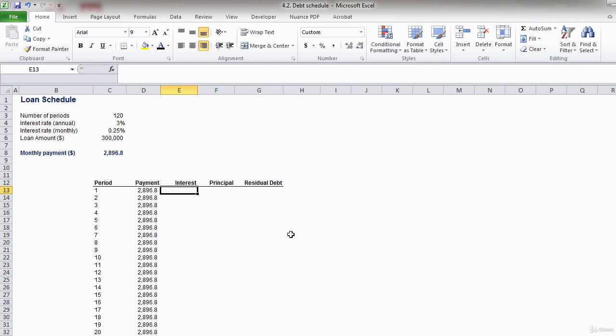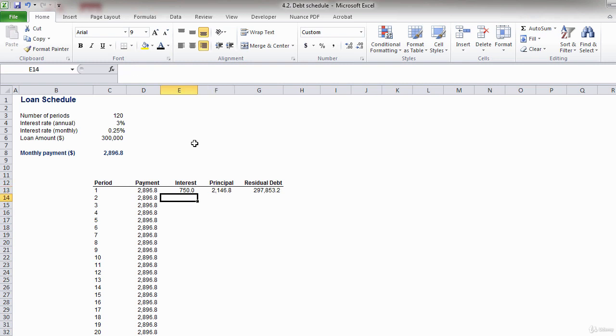In the first period, the amount of interest that will be accrued is based on the whole amount of debt that is drawn, and given that no payments have been made, we have $300,000 times the interest rate, which equals $750. The difference between the payment and the amount of interest is the amount of principal that is repaid. In the last column, we can calculate the residual debt that remains after this payment.